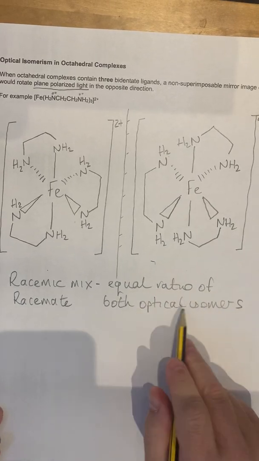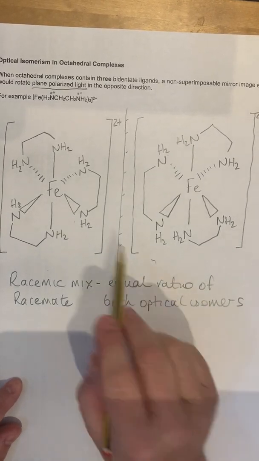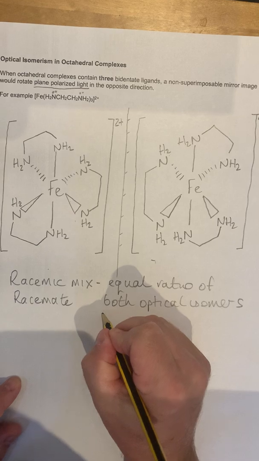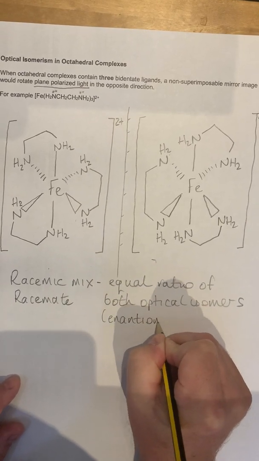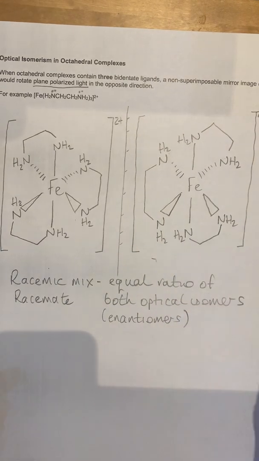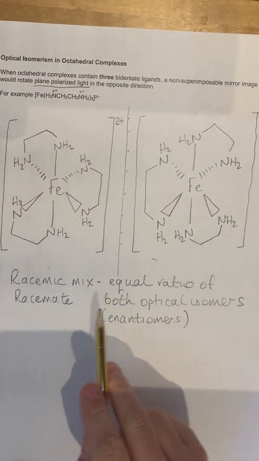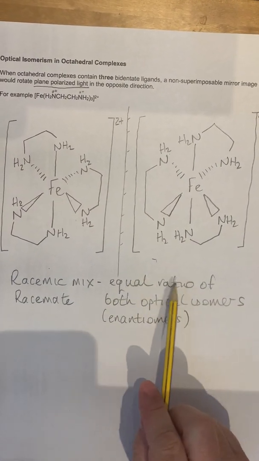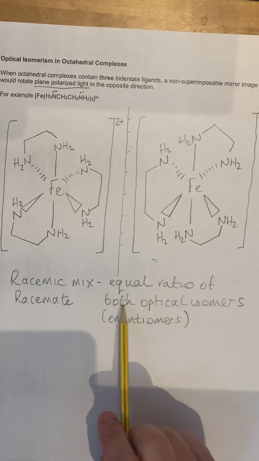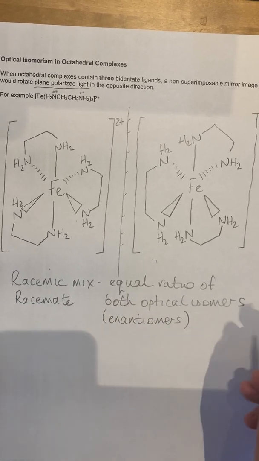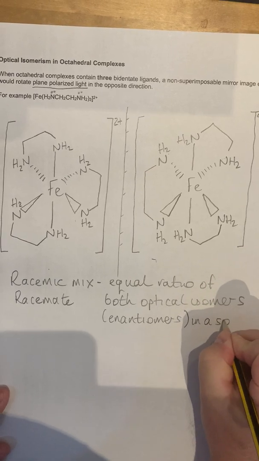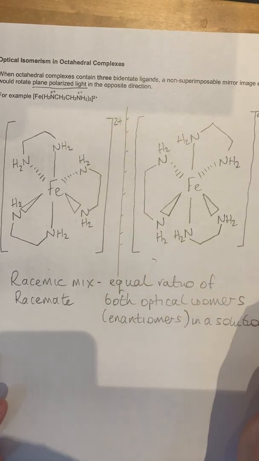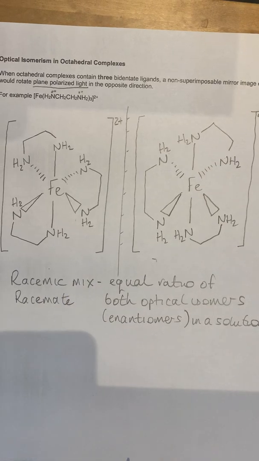So an equal ratio of both optical isomers, and another word for a pair of optical isomers is enantiomers. So if we've got a solution where we've got an equal ratio of both optical isomers or both enantiomers, that means we've got a racemic mix or a racemate.